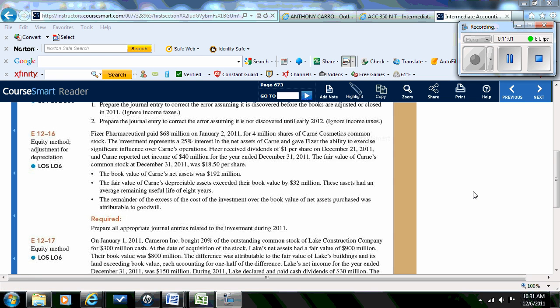The last journal entry will relate to the depreciable assets that we acquired when we purchased our share in Carney. Again, Carney is depreciating their assets based on their book value. Pfizer has to make an adjustment because they are, in effect, purchasing their share of those depreciable assets at fair value.